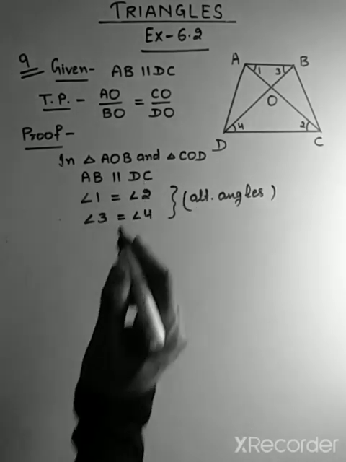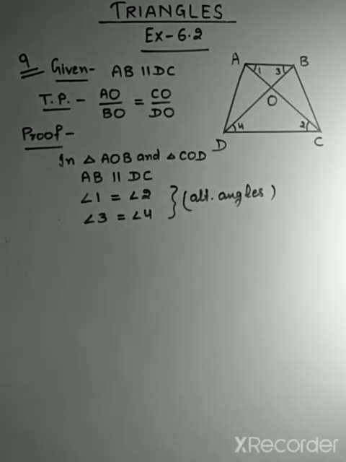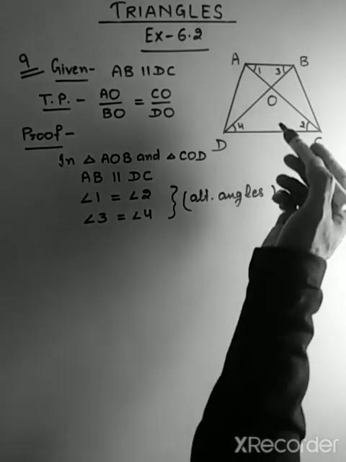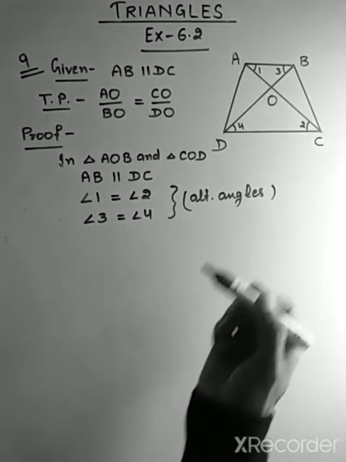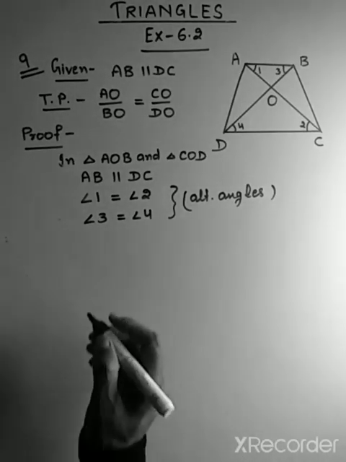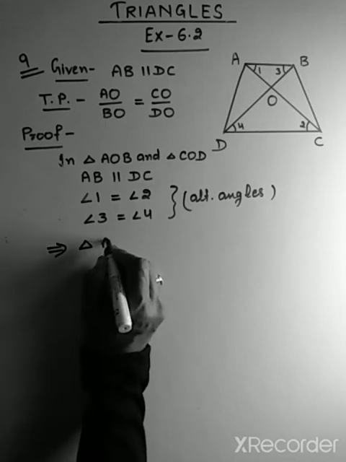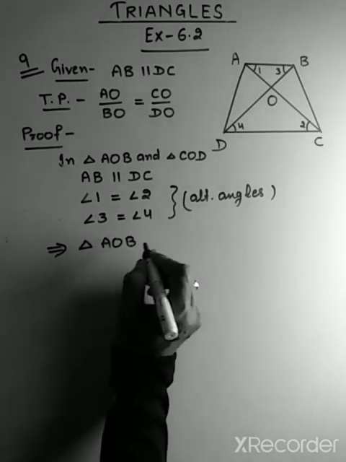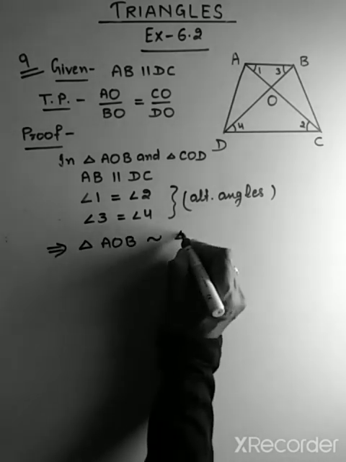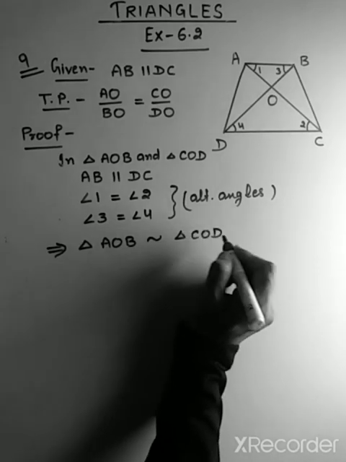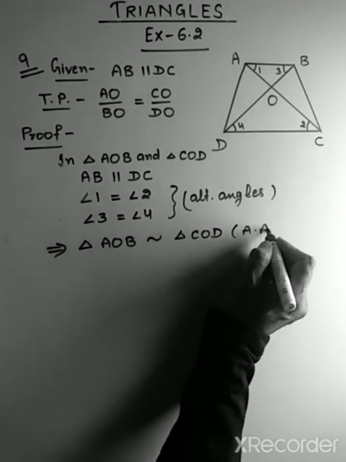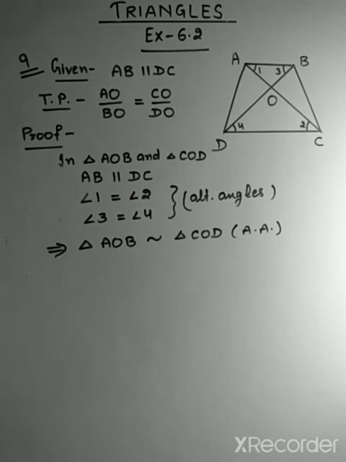If line is parallel, then alternate angles are equal. Now, if two angles are equal, obviously the third angle, the vertically opposite angle, will also be equal. So we can say that triangle AOB is similar to triangle COD by angle-angle property.